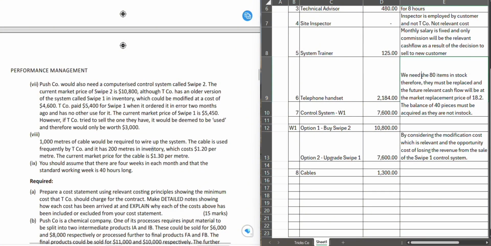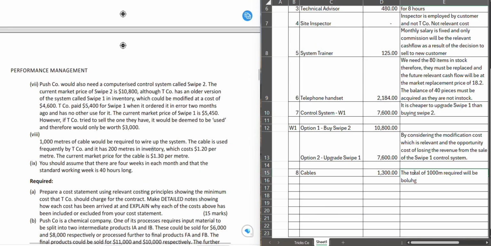So the total of 1,000 meters required will be bought at the market price, since TICO uses the cable frequently.